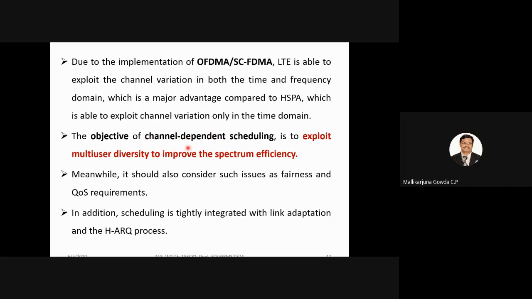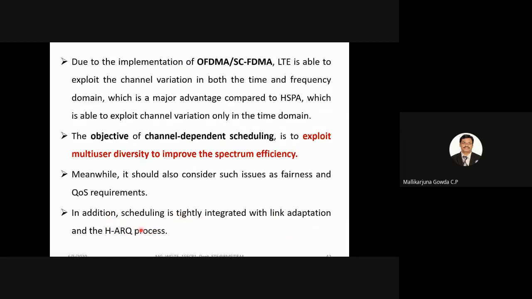So the objective of the channel dependent scheduling is to exploit multi-user diversity to improve the spectrum efficiency. In addition to that, it can also consider the issues like fairness and quality of service requirements. In addition to that, the scheduling is tightly integrated with the link adaptation and the hybrid ARQ process.